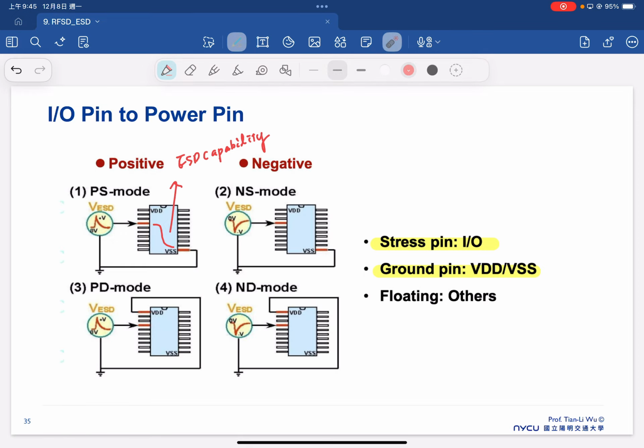That is the purpose of this I/O pin to power pin test. This is the PS mode, pin to the VSS, and we also have the pin to the VDD. It's similar, so we need to test the ESD capability here.